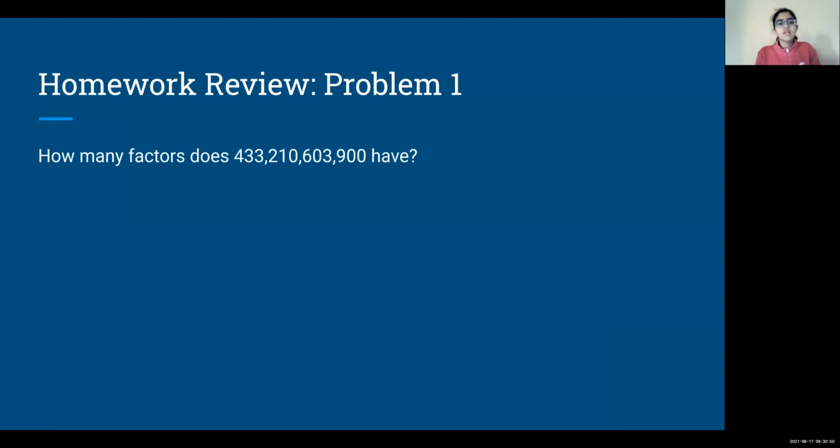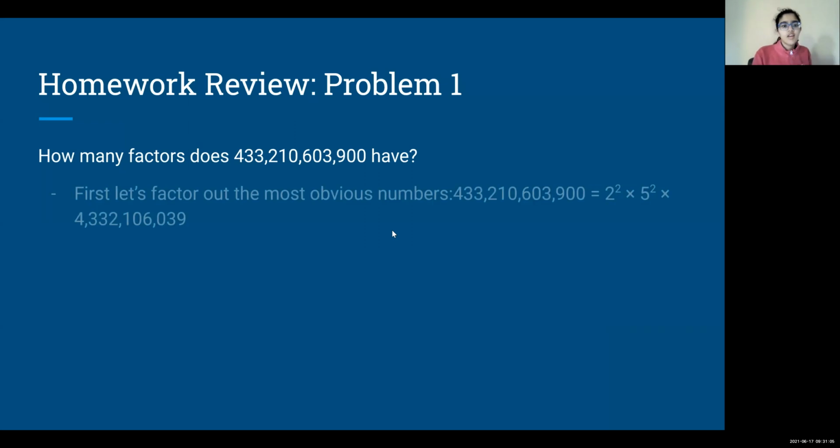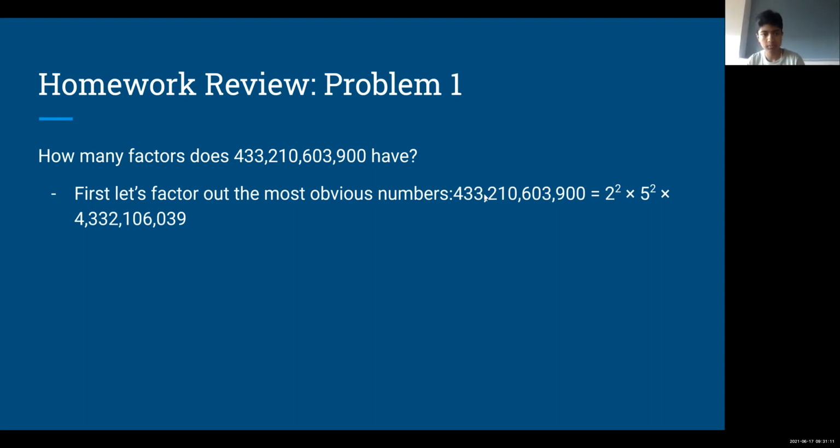Problem 1 was how many factors does 433,210,603,900 have? So in the chat, please type your answers. Okay, so I'm seeing a lot of your answers. First, what we had to do was factor out 433,210,603,900.